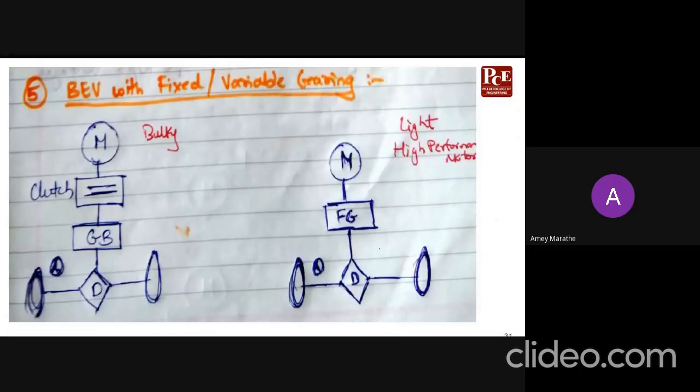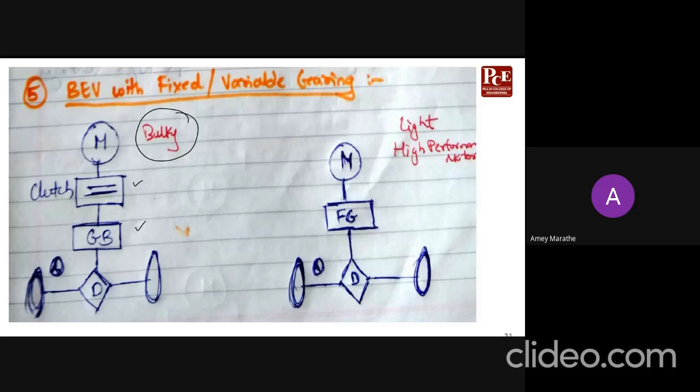Okay. Now, again, if you compare a battery electric vehicle with fixed and variable gearing, you see on the left hand side, if you have variable gearing, you will have this clutch, gearbox and everything, and it will make it bulky.